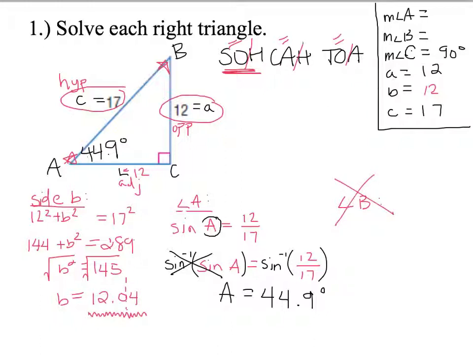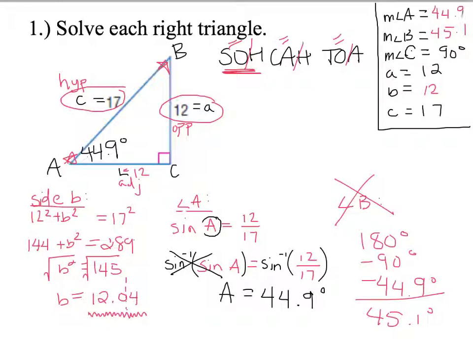So you could skip the trig to find the second angle and just go 180 minus the 90 degrees minus the 44.9 degrees, which gives us 45.1 degrees for angle B. And what was it? 44.9. And there are our final answers.